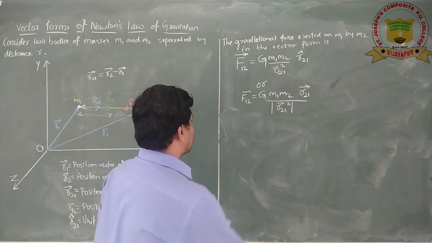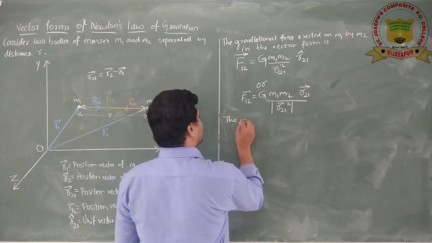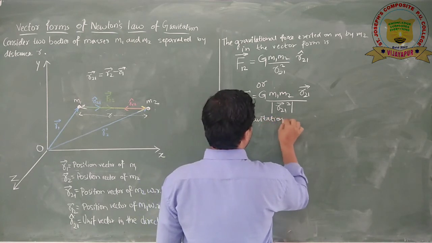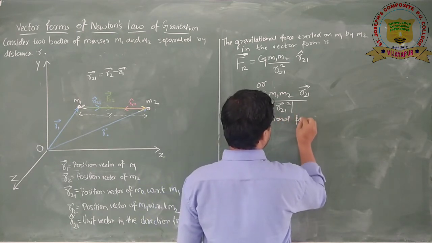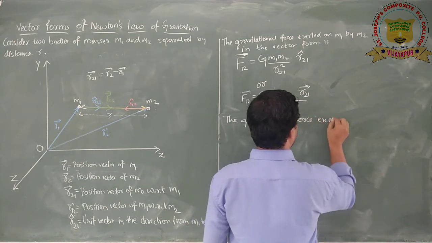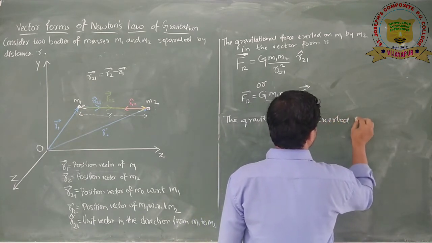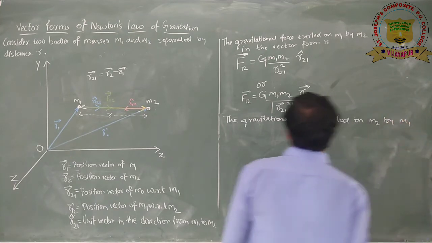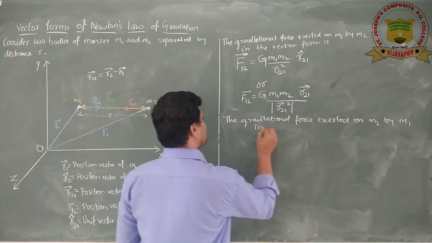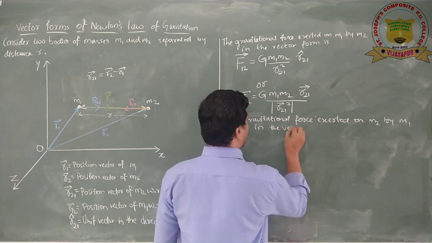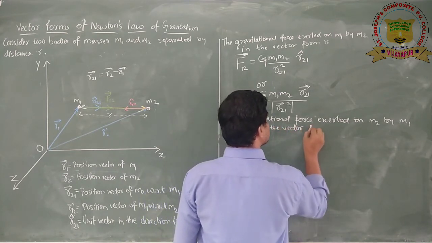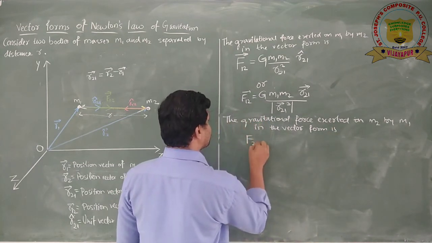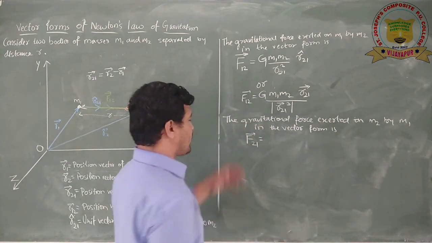Now let us calculate the gravitational force exerted on m2 by m1 in the vector form. That is F21. Why is it F21?